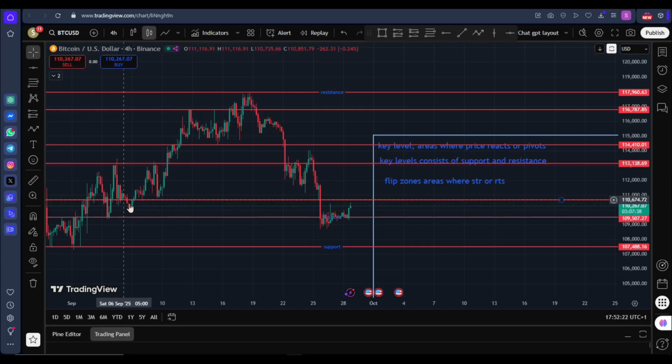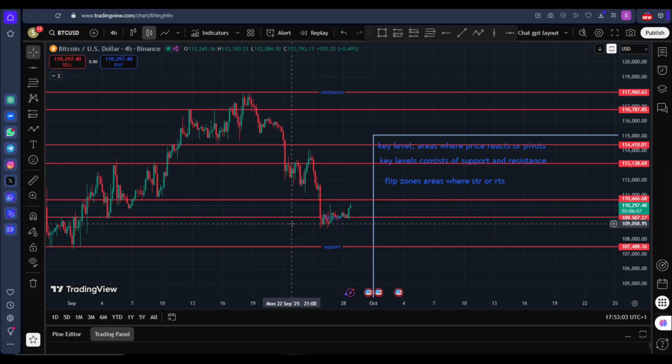Then also, don't expect that I'm using lines. I keep saying zones because these are actually zones and not lines. Lines are just one particular price, but a key level is like, okay, we can say from between $110,000 to $109,000 is a zone, and Bitcoin entered into that key level or key zone and moved from there.